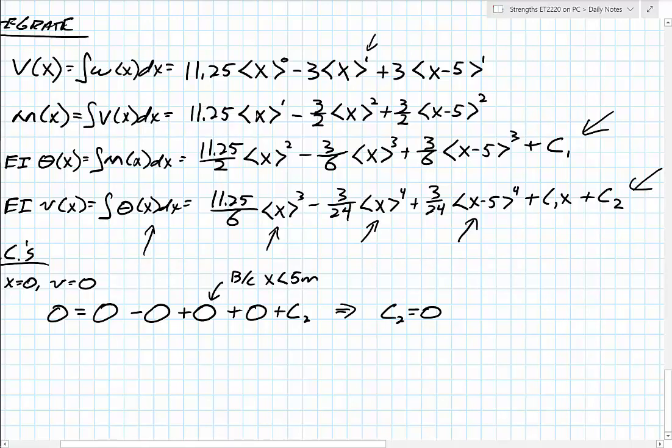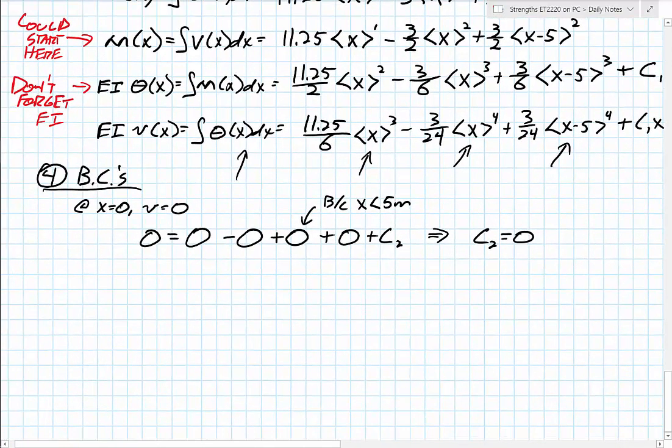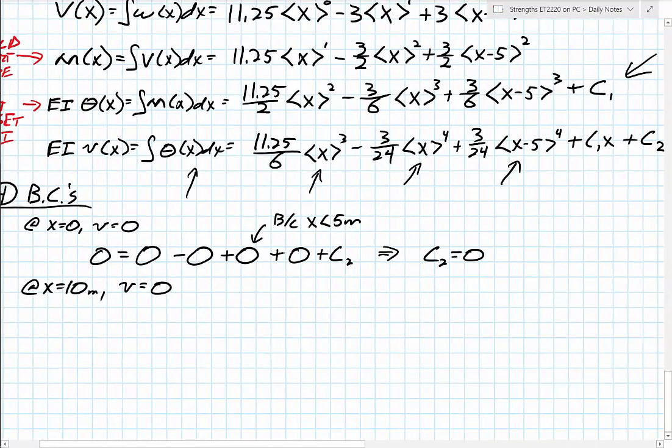Not too bad. Now the other boundary condition that I know is at x equal 10 meters, my deflection will be equal to 0. So it starts off almost exactly the same. I have the total deflection is 0, so EI times 0 is 0, is equal to, let me get rid of all these things.